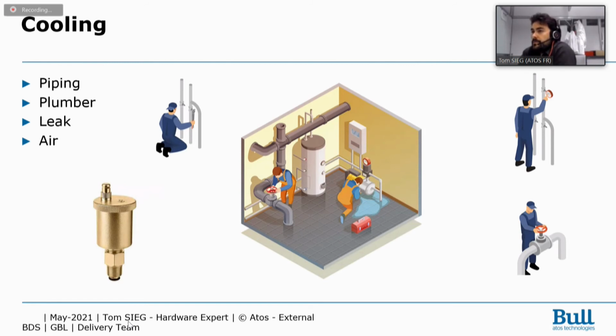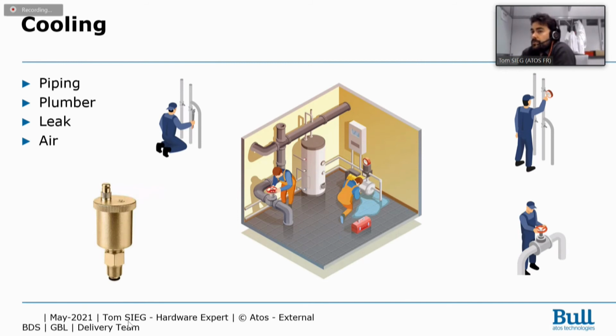Your system will be totally empty, so with a lot of air inside. So you have to double check, triple check the pressure and the water flow to be sure you push the air out of your system.